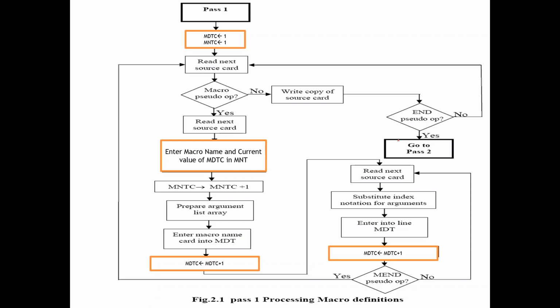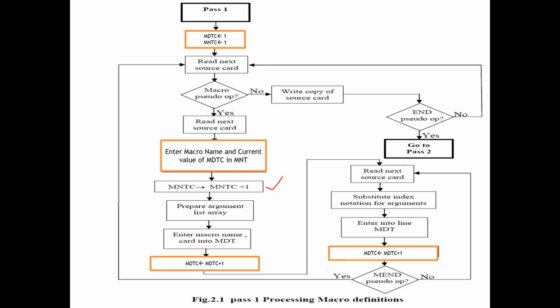MDTC is the macro definition table counter, and MNTC is the macro name table counter. Whenever you find a macro, you increment the macro name table counter by 1 and store the name.